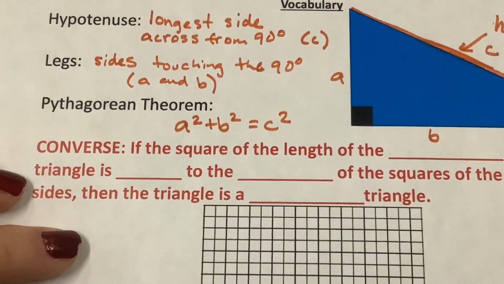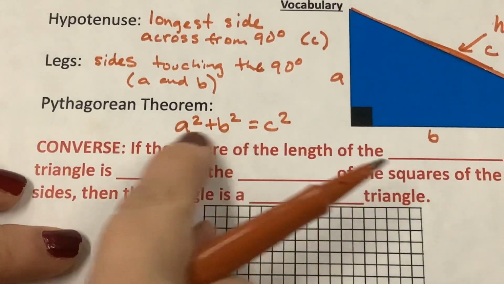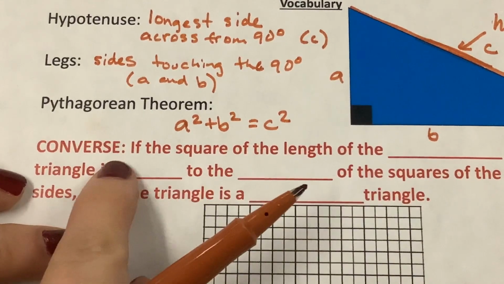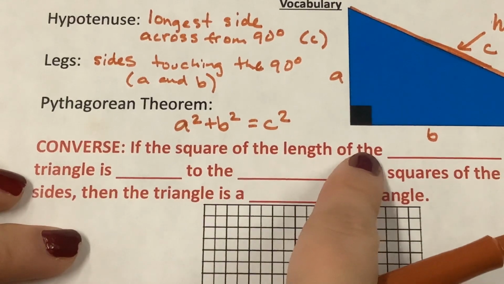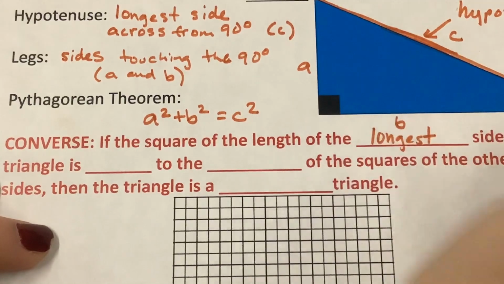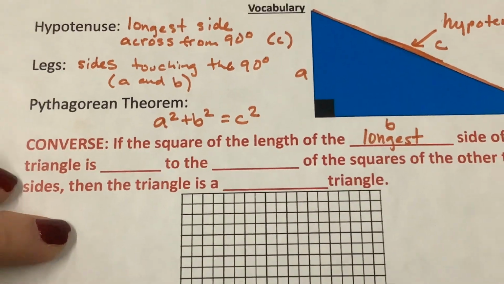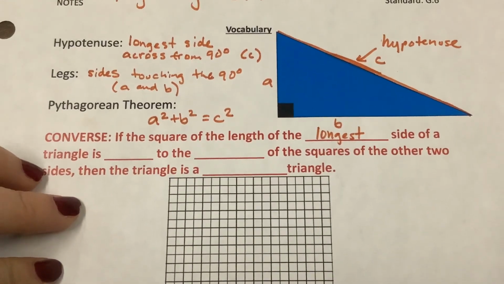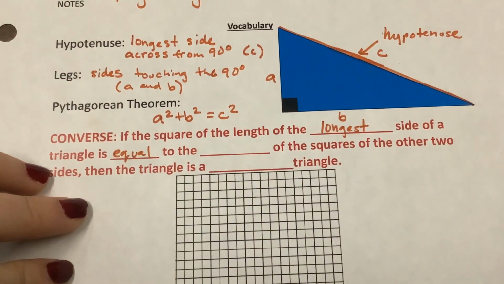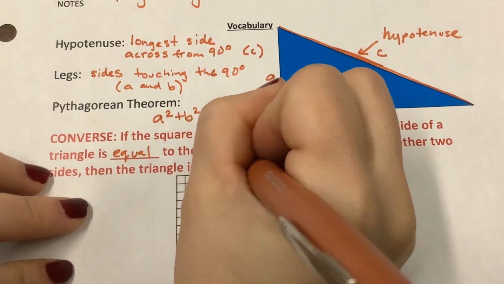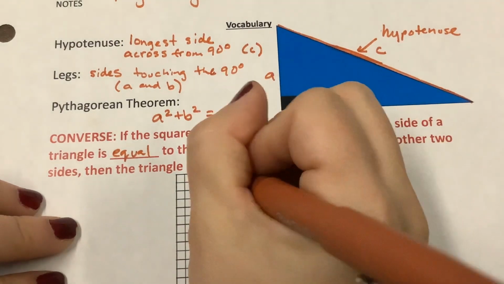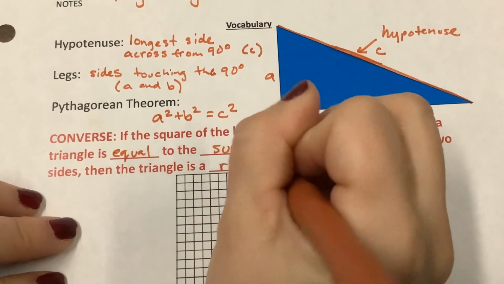All right, now the converse is just another way of saying the two legs squared and added together is equal to the hypotenuse squared. It's just reversing it. So all that means, if the square of the length of the longest side, that's the hypotenuse, of a right triangle is equal to the sum of the squares of the other two sides, then the triangle is a right triangle.